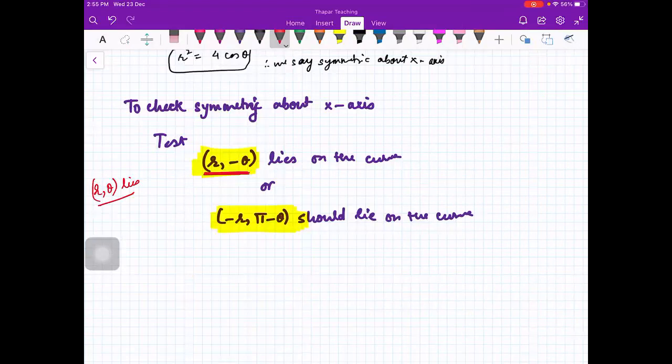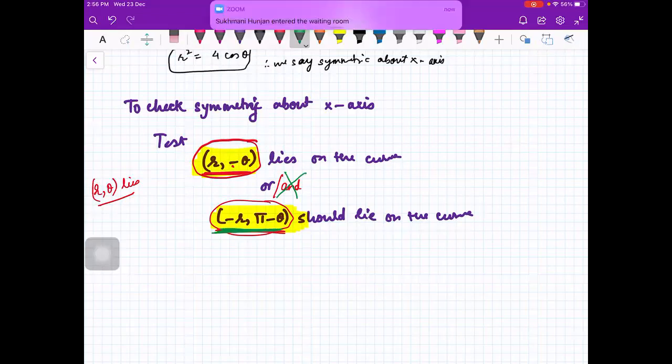And another name for this point was minus r comma pi minus theta. So I am saying either you check this thing or this thing. Yesterday we were trying to make it 'and'. We wanted both these points to be on the curve for symmetry about x-axis. And today I'm telling that it is not true. It is possible that both will lie, but if one of the points lies on the curve, we should not expect that another name will also lie on the curve.